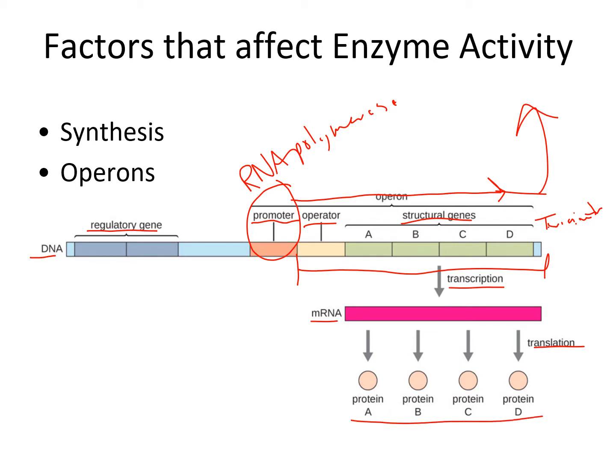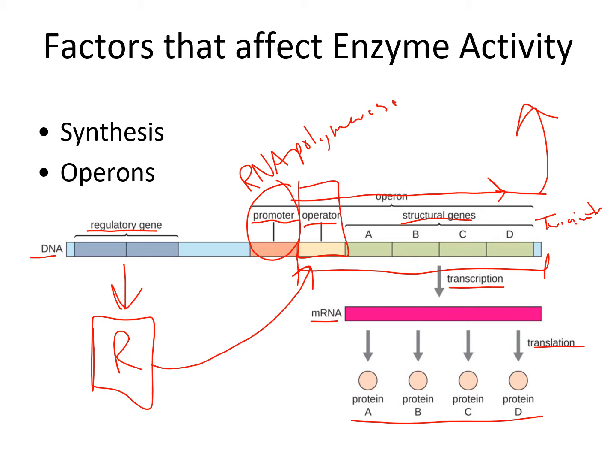Operons control transcription by using the product of the regulatory gene, which is the repressor. The way this is controlled is that the repressor can recognize the operator. If the repressor is active and binds to the operator, then that blocks the RNA polymerase from sliding along the DNA. And if the RNA polymerase cannot slide along the DNA, then there's no transcription.